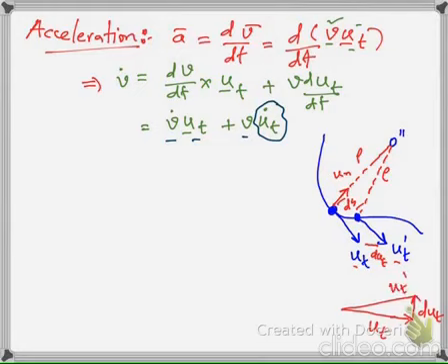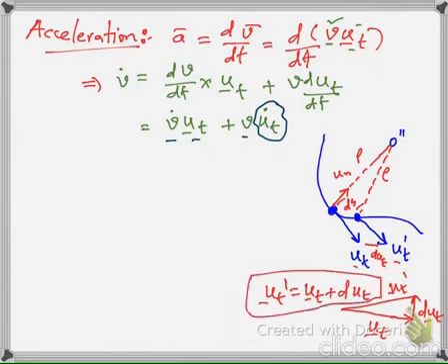So the final ut prime can be defined as the sum of the ut vector plus delta ut by definition. We also need another relationship: we know that the arc of a circle is equal to the radius multiplied by the angle covered by that arc.